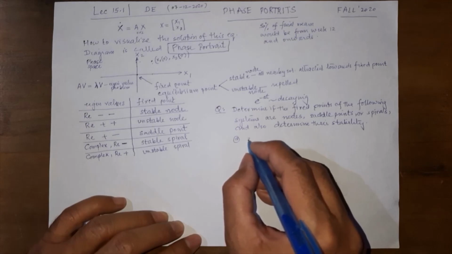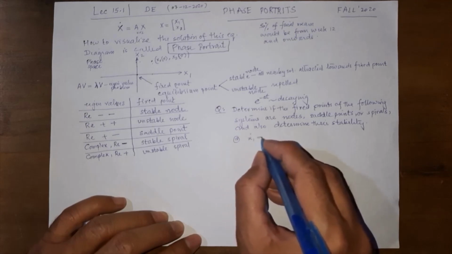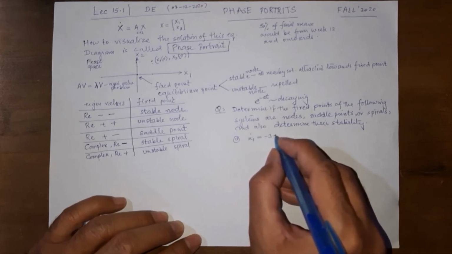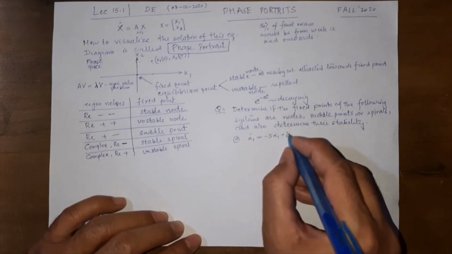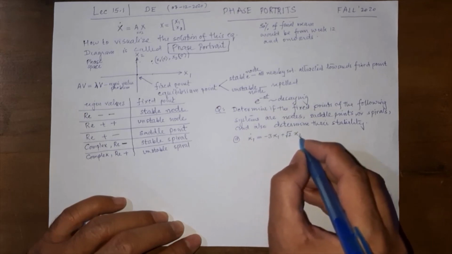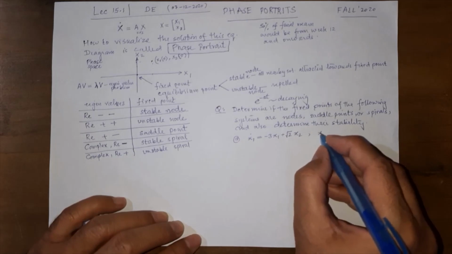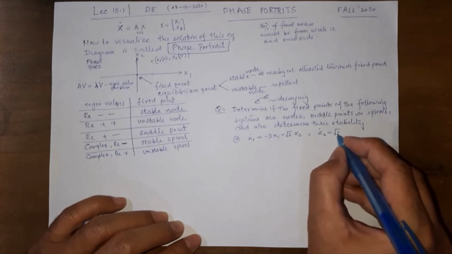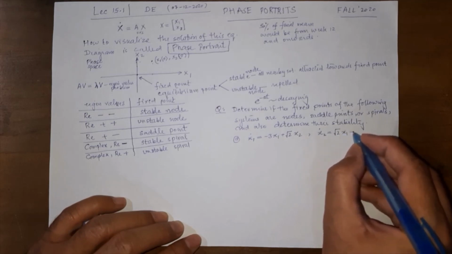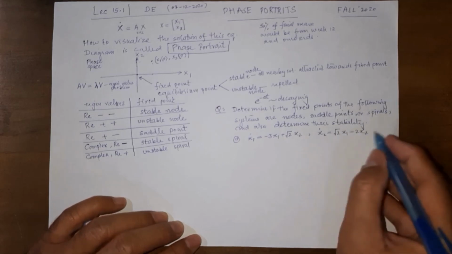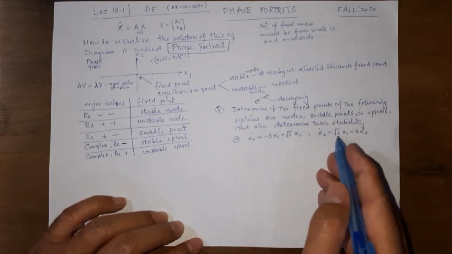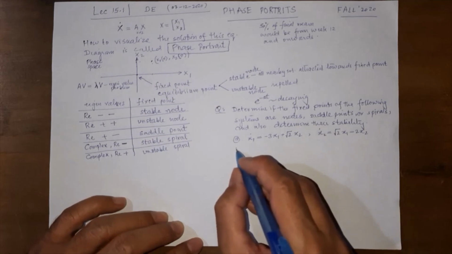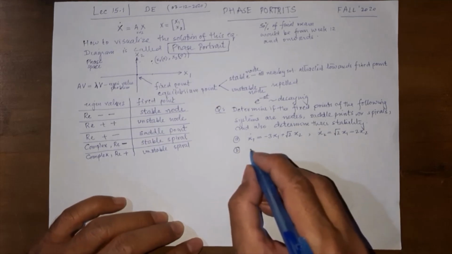Suppose the rate of change of x1 is x1 dot equals minus 3x1 plus square root of 2 x2, and x2 dot is equal to square root of 2 x1 minus 2 x2. Initial conditions are not relevant here because you just have to find the eigenvalues and look from this table and see what the fixed point would be like.